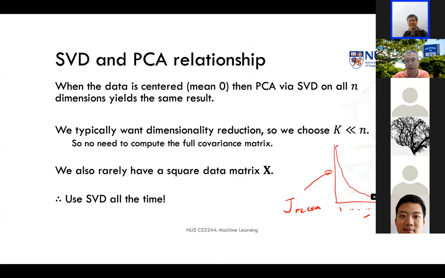But at some point it might saturate. Even though I have more dimensions I can add, I'm only going to get small amounts of utility from this, because remember, the dimensions are ordered in terms of the amount of variance they have. So we can look for something like an elbow and say, here it seems like we've really run out of utility.